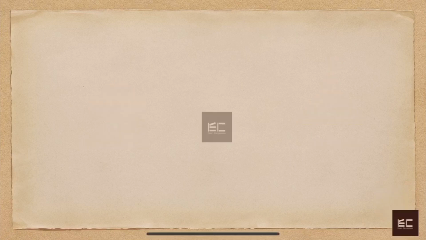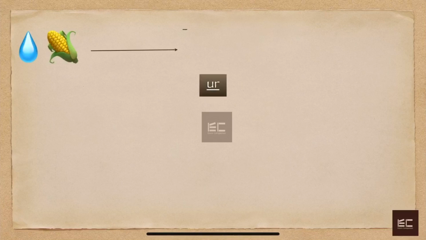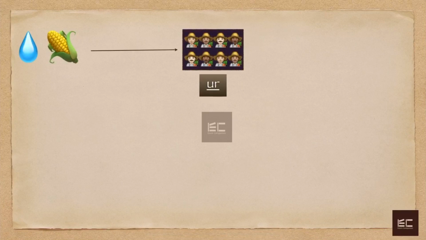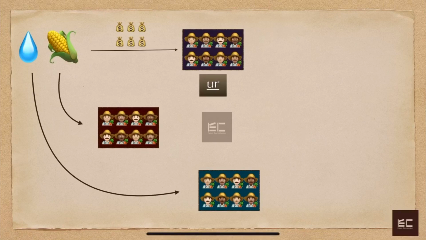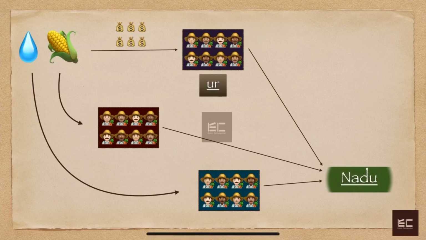Let's see how. Farmers or peasant groups were called Ur. With the spread of irrigation and agriculture, these groups became rich. There were many such groups called Ur in a village. These groups called Ur formed larger groups or they formed larger units called Nadu.